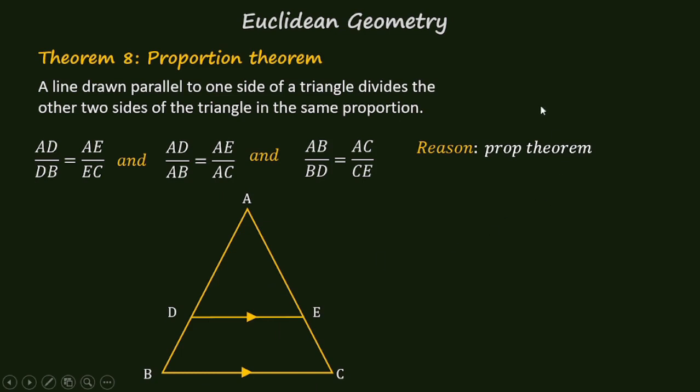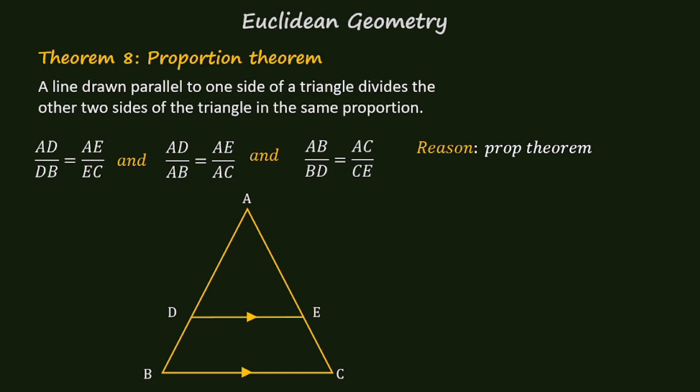This is the reason that we use for this theorem. So you can simply write the whole statement proportion theorem or prop theorem. Remember, when you are working with Euclidean geometry, you always need to provide a reason to show which theorem you are using or you have used to arrive at that particular statement.